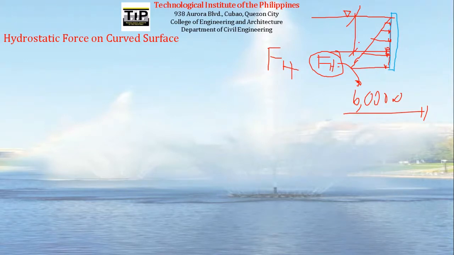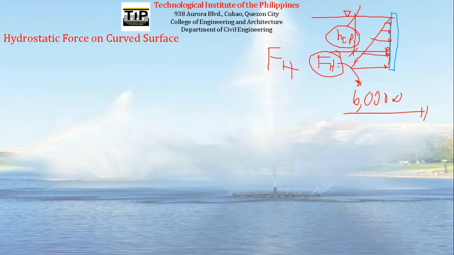Going back to this, we also determine the h sub c p. What is that? That is the center of pressure. When we say center of pressure, it's the depth of the location of the resultant force that's acting on the flat surface.